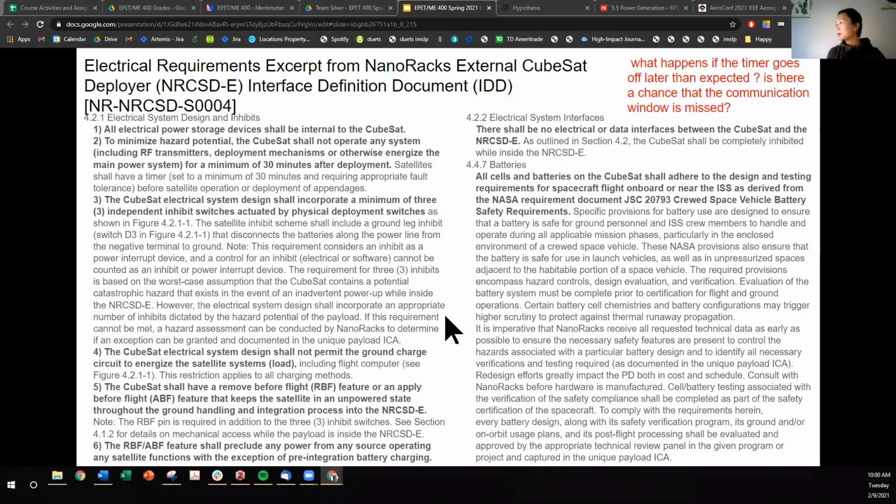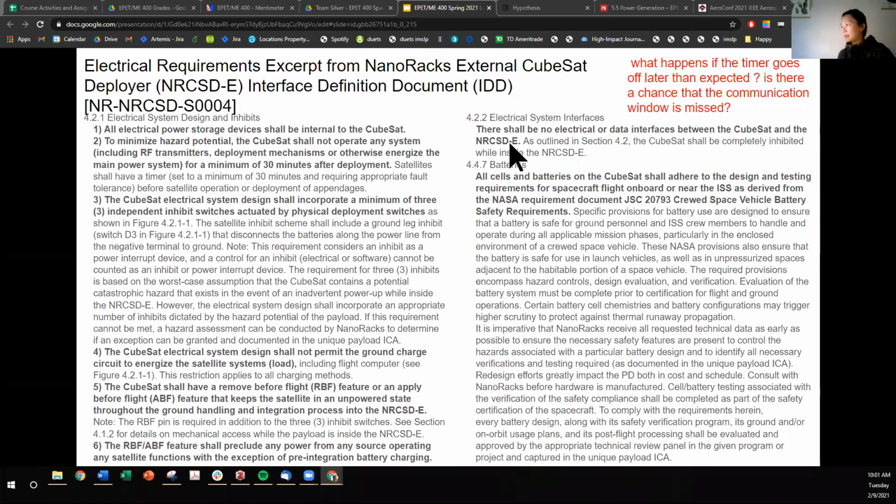Okay, the next requirement, there shall be no electrical or data interfaces between the CubeSat and the P-pod deployer. Yeah, so there is no RF communication, there's no plugging in connectors. The CubeSat is just a disparate body from the deployer.